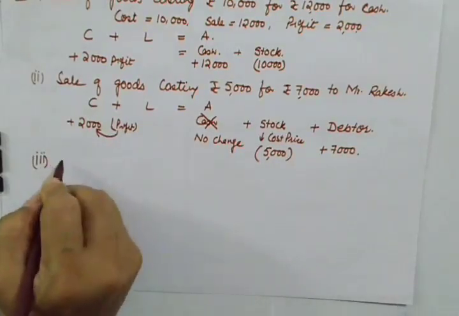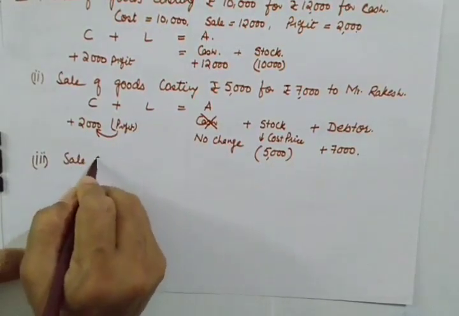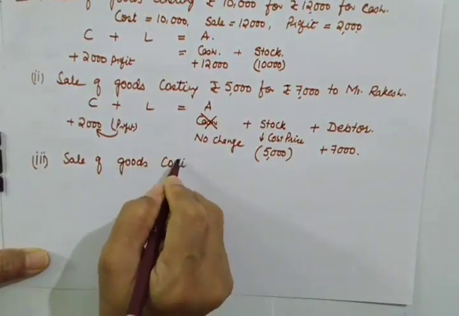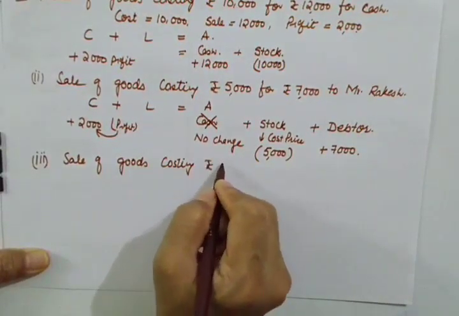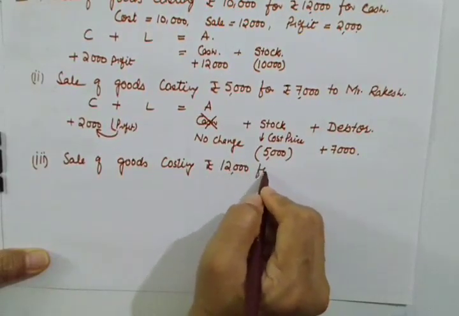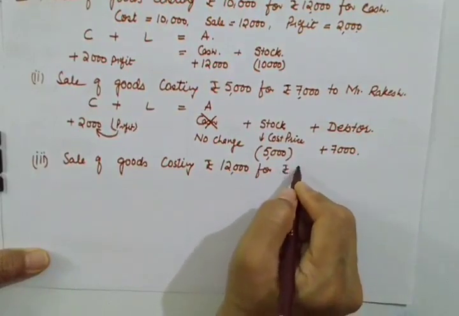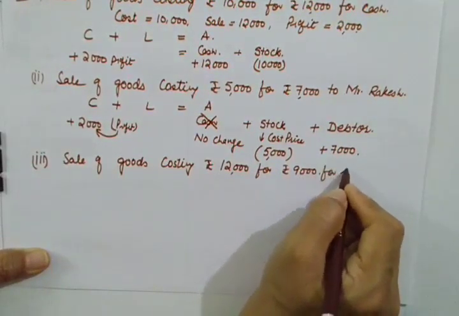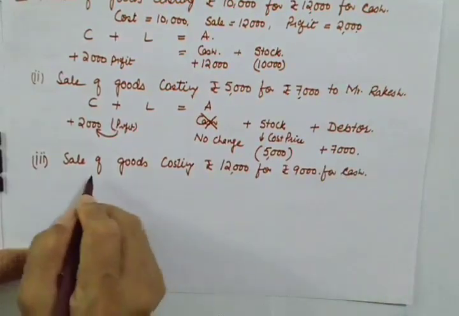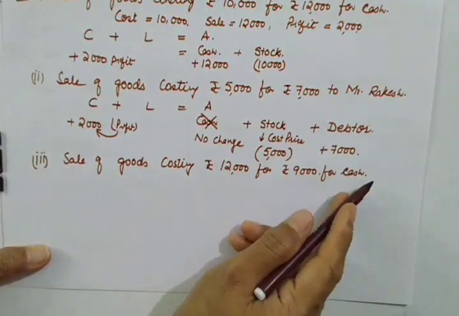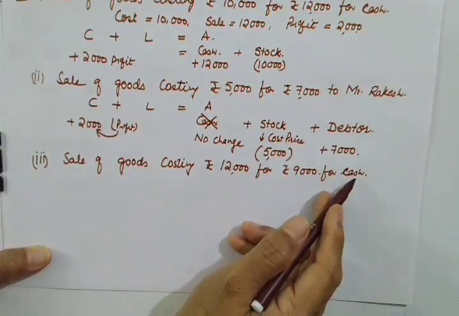Third example is sale of goods costing rupees 12,000 for rupees 9,000 for cash. Yes, it's a cash sale. Even if the name of the party is written, but if cash is mentioned, we will say that it is a cash sale.